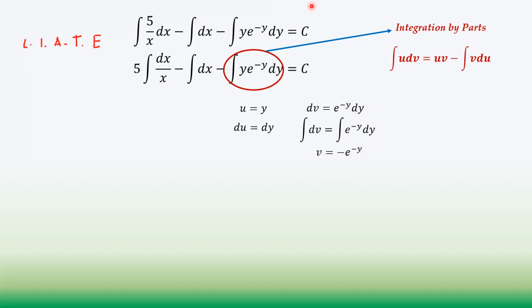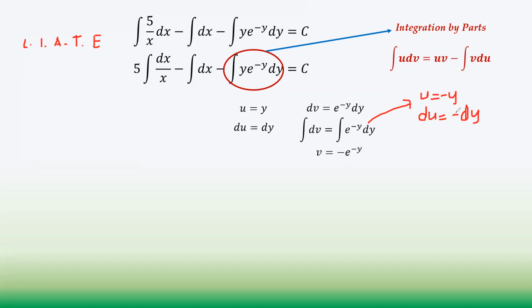So, paano nangyari? Gaya kanina, meron ka dyang u na equal sa negative y. Differentiate natin yan: du is equal to, again, negative 1 dy. Para kung meron ka, negative x, negative 1 dx, meron ka negative dx.